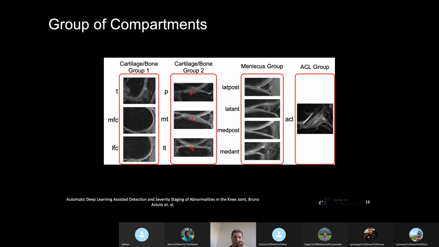So we trained both lateral and medial tibia and patella together. I just got the patella, flipped it like this, and trained it together with the tibia.